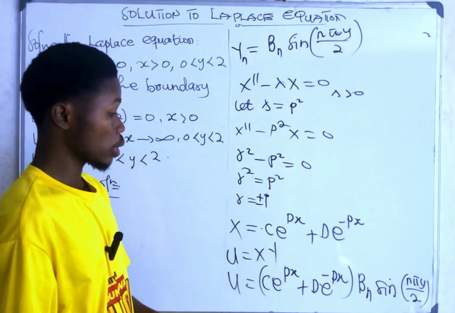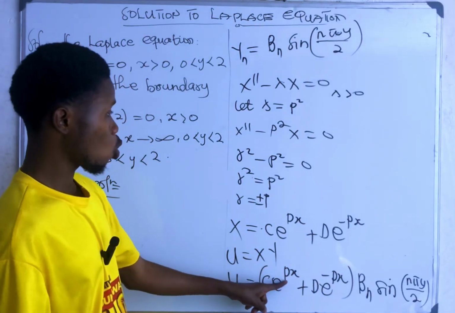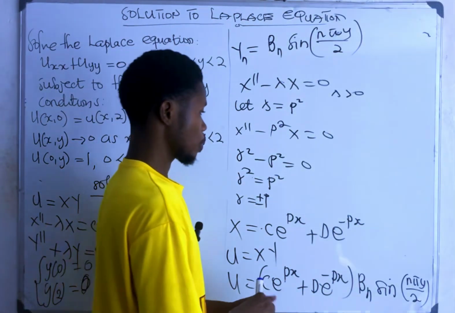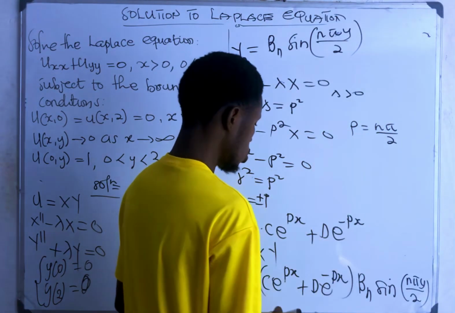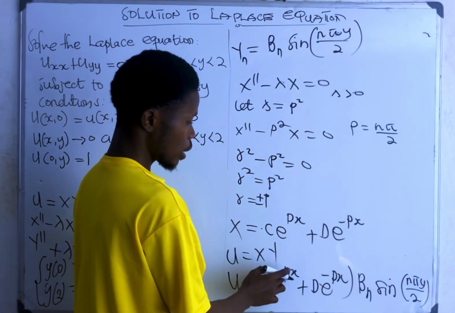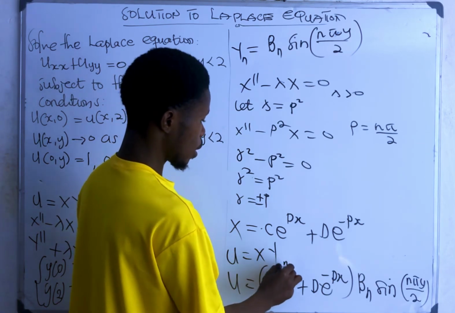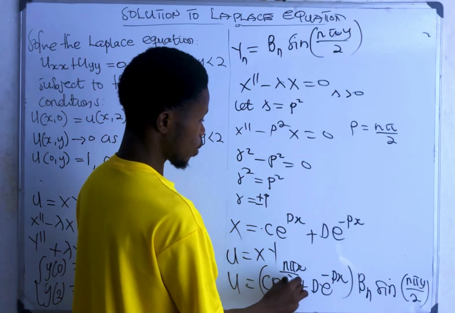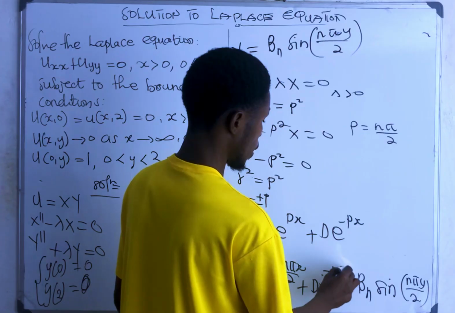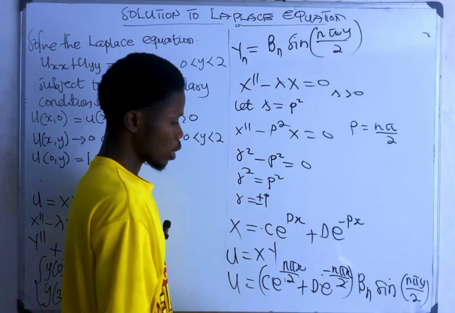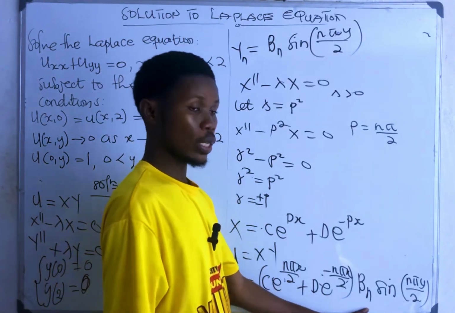There's something that is left behind. The p here, I have to change it, okay? Because we said that p is equal to n pi over 2. So instead of p, I have to write n pi x over 2, and here it is going to give us negative n pi x over 2. So these are the two things that I'm going to get. You just remove the p and put that one there. And it is as simple as that.